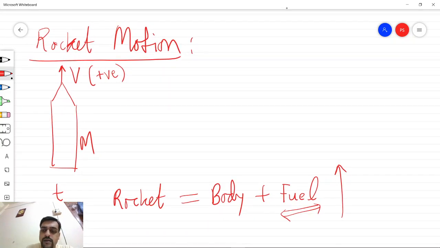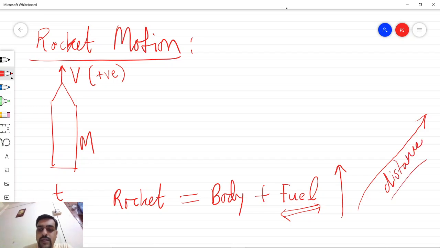In order that the rocket travels much farther distances, we need to have a large amount of fuel present inside the rocket. So this makes the fuel contribute a significant share to the total mass of the rocket.